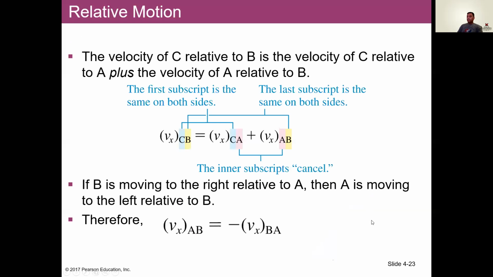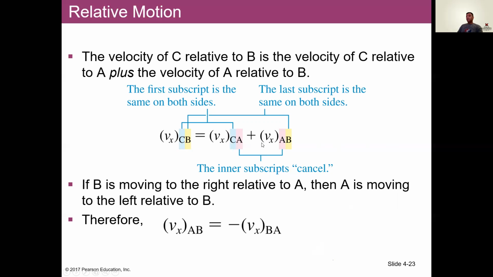So moving forward, here is a generalized equation that you are going to use, okay? If you want to find the velocity of Carlos with respect to Bill, you can write the velocity of Carlos with respect to any other person, and in this case, you can take Amy, for example.